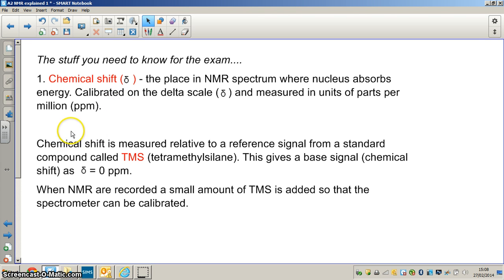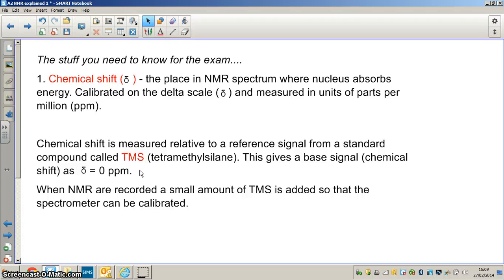So chemical shift is measured relative to a reference signal from a standard compound called TMS. And TMS stands for tetramethylsilane. And this is a chemical which is introduced into the sample before we do NMR spectroscopy.